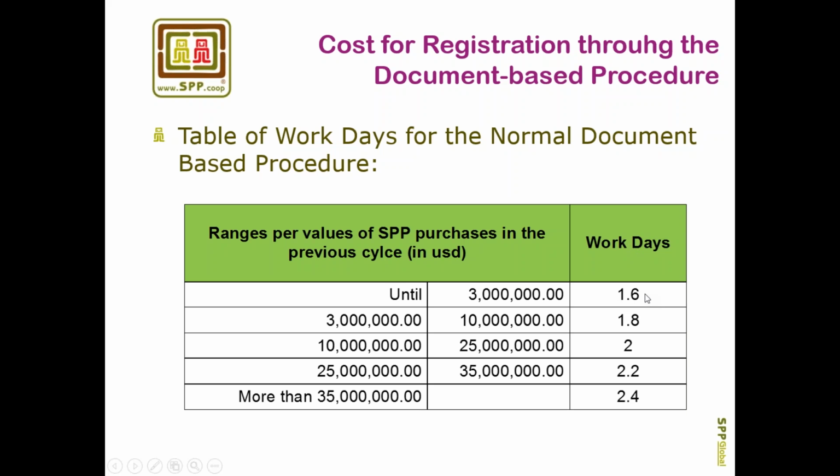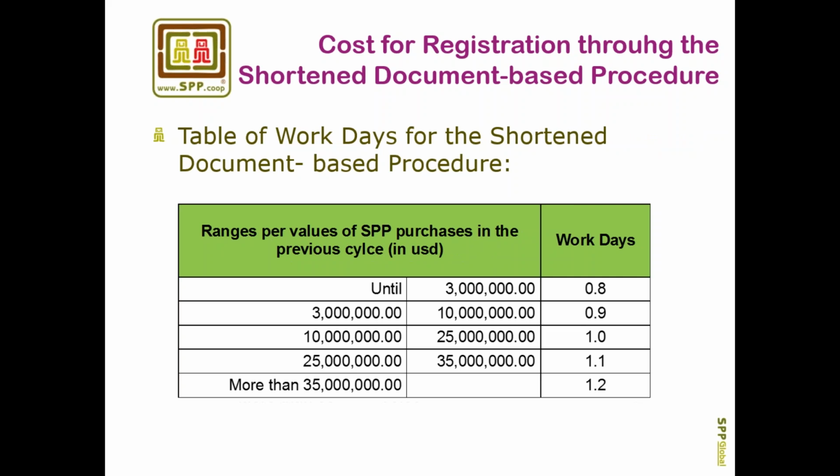1.6 work days. And if the company is a big or huge company, which has a value of SPP purchases in the previous cycle of more than $35 million, work days are 2.4. This is the table of work days for the normal document-based procedure.